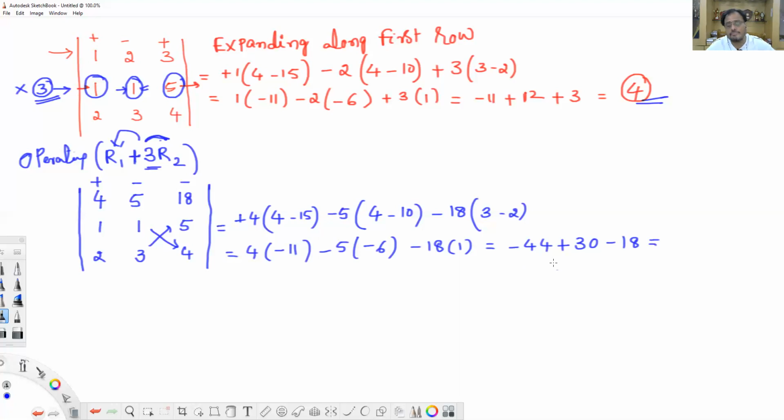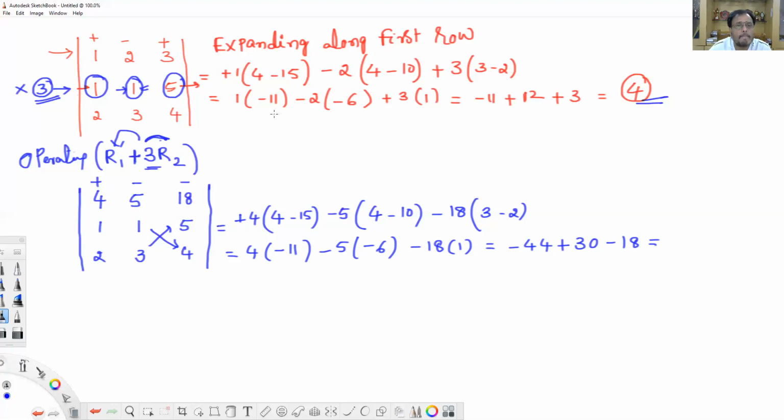So look at this answer. Minus 44 plus 30. Here, by this 4 minus 15, first you can see that 3 plus 1. Are there any other changes? Here also 1.